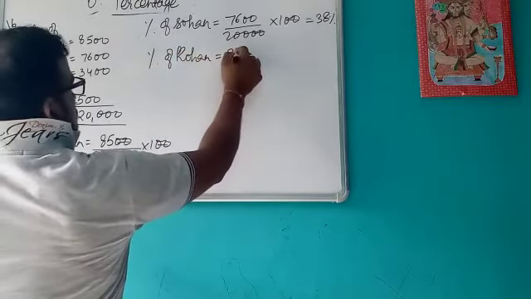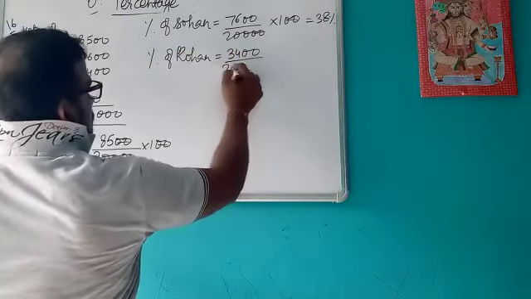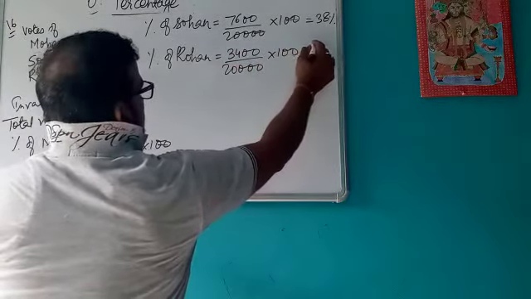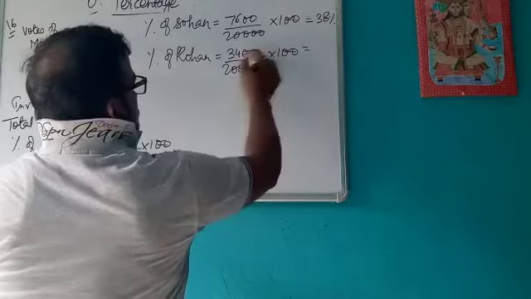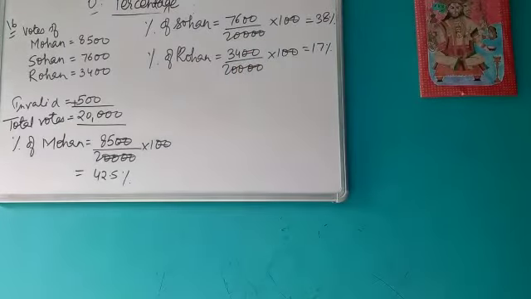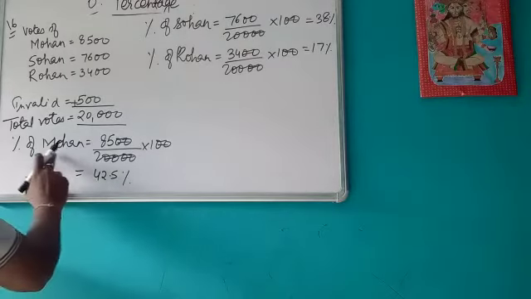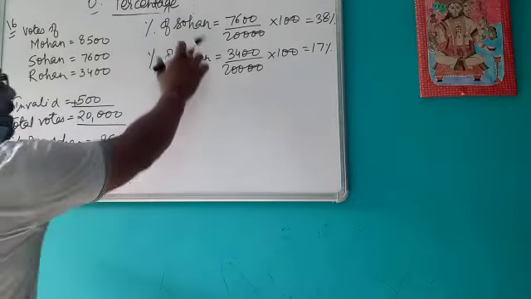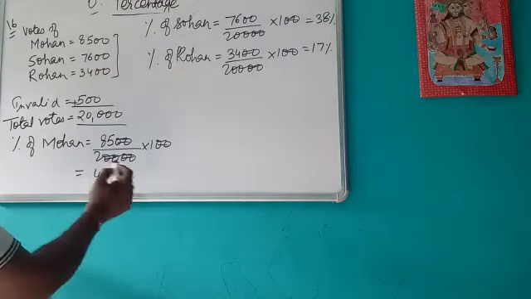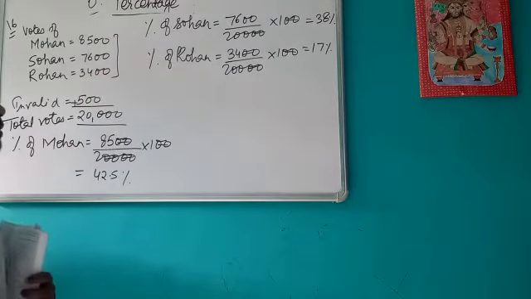So Rohan is 3400 upon 20,000 into 100, that is 17%. Okay, so this was the percentage of Sohan and Rohan. So these were the values in terms of numbers and these values are in terms of percentage.